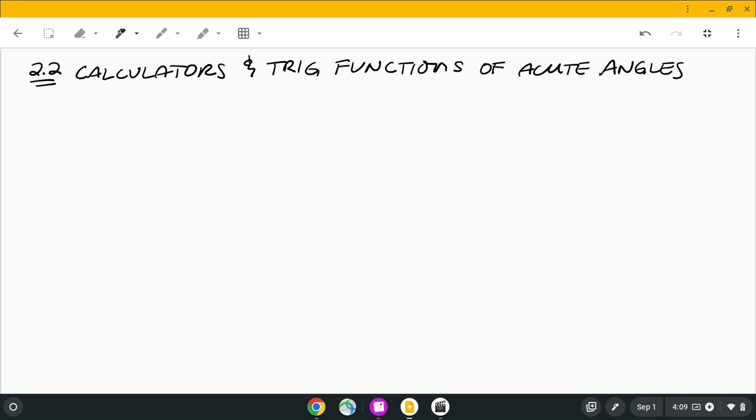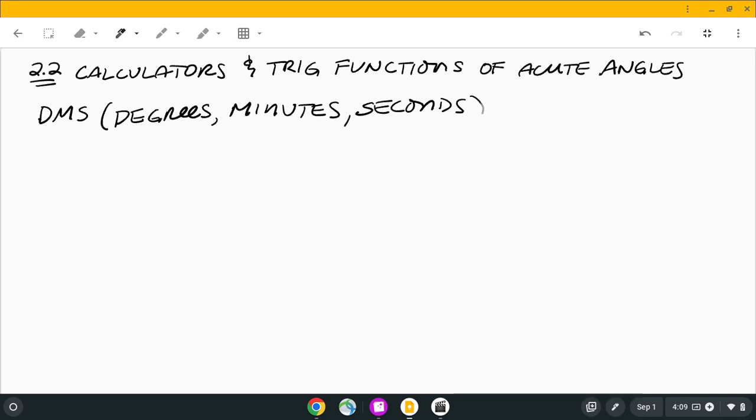And here in this section, we're going to look at degrees, minutes, seconds, also known as DMS. So this is just another way to measure angles in a very, very precise way.